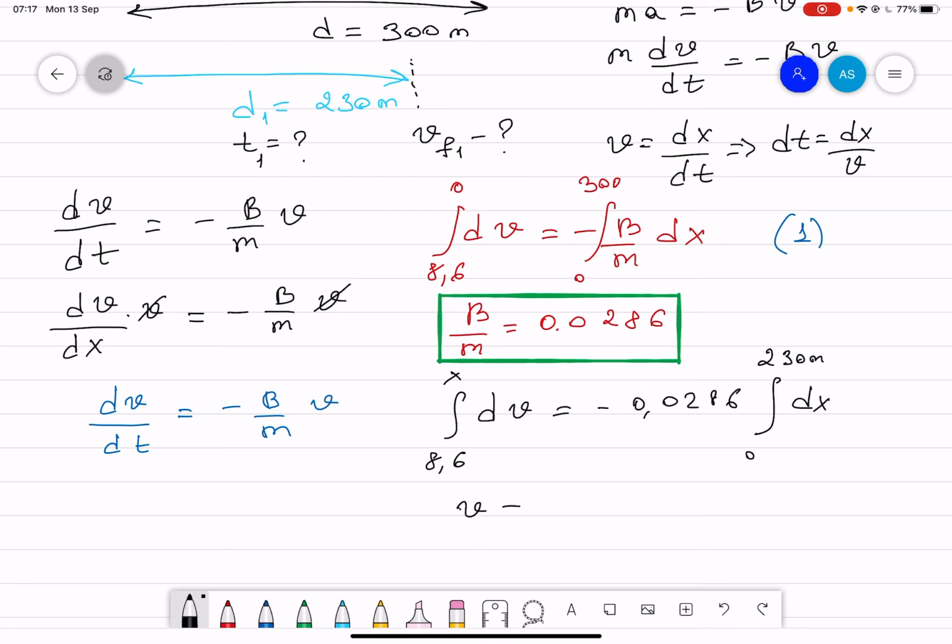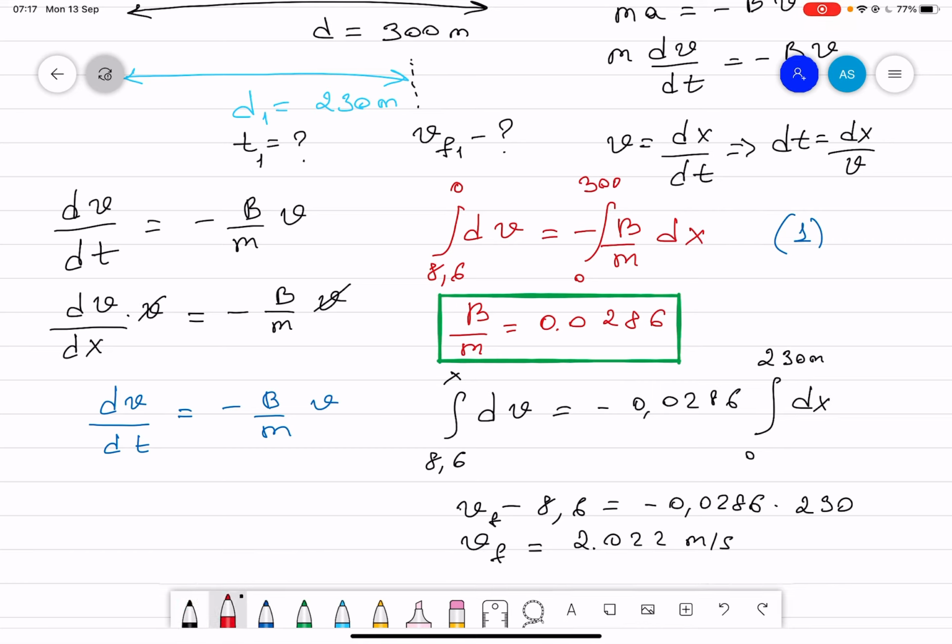Now if you do the calculation, we're going to get v minus 8.6 is equal to the negative 0.0286 multiplied by 230. Okay, then from there our final v, if you do the calculation, you should get 2.022 meters per second.